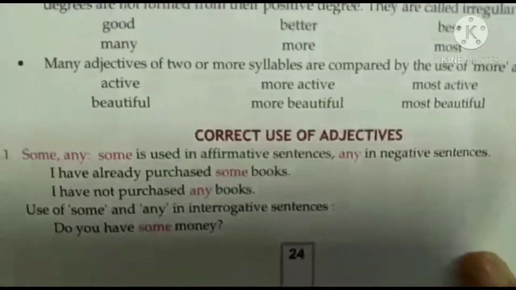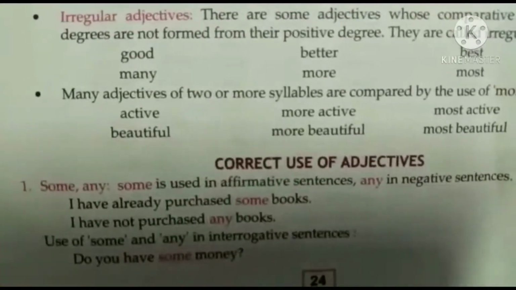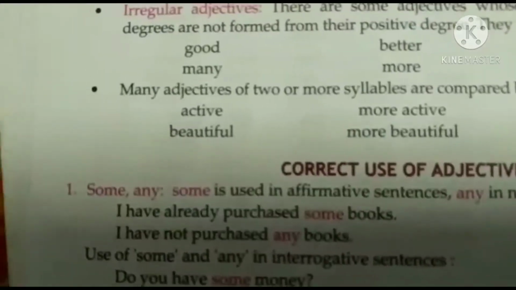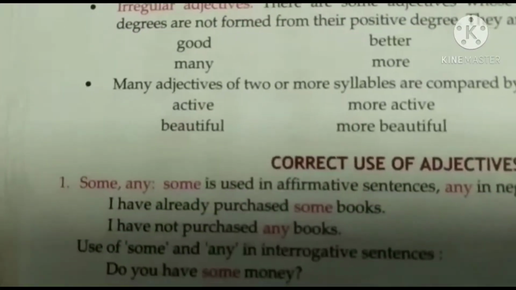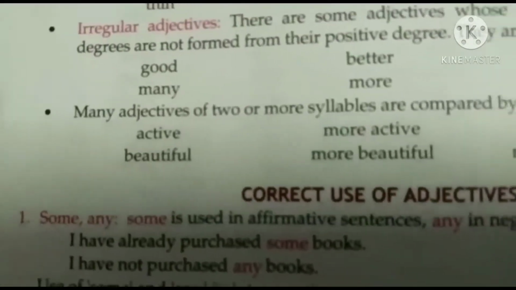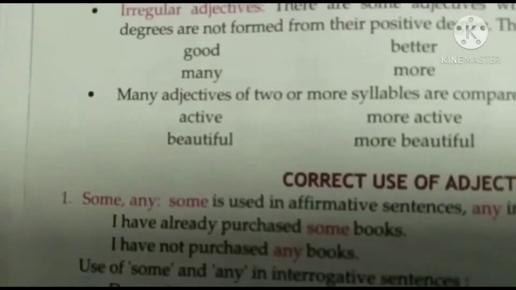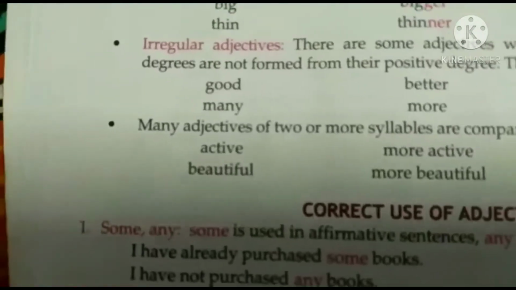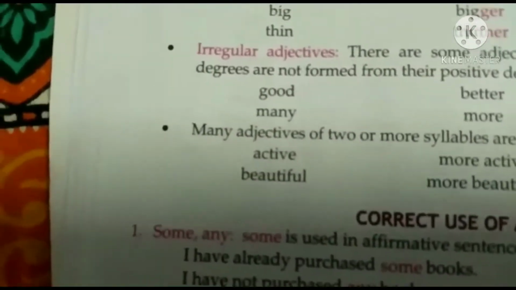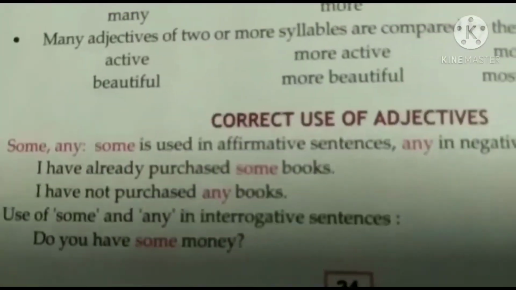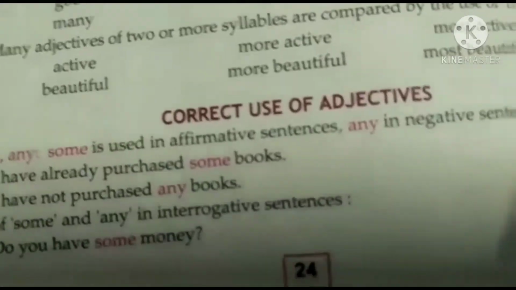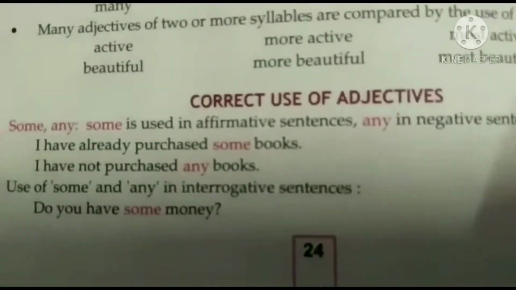According to the rules, some and any depend on the sentence, but when we are talking, we use some to show a positive sense and any for a negative sense. Like she is beautiful, a positive sentence. We can also say she is not ugly. It means she is beautiful. This sense is not a negative sense.